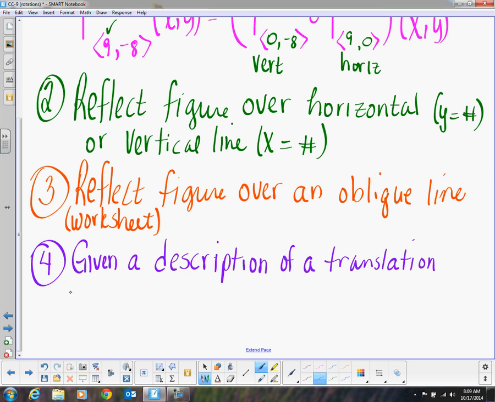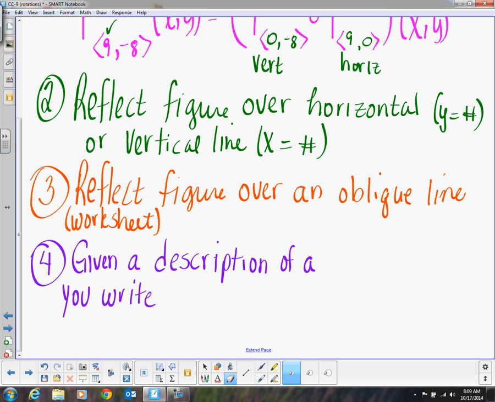My expectation is that you write, I'm sorry, it should not be a translation, it should be a reflection. Thank you. We'll put that back in the green folder. Reflection. Given a description of a reflection, remember reflections are capital R's, you write the reflection using notation.